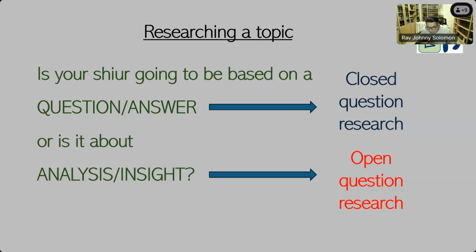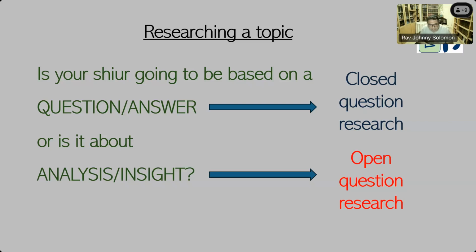Now, of course, it's important to note, I'm generalizing here. Sometimes a person can approach a question and answer with a curiosity which is very similar to analysis and insight. And perhaps sometimes a person can approach analysis and insight with a certain closed-mindedness which is similar to question and answer. Still, when I prepare a shiur, sometimes I'm looking very specifically at a particular topic, and that narrows the range of sources I may look to because I'm only interested in that thing.